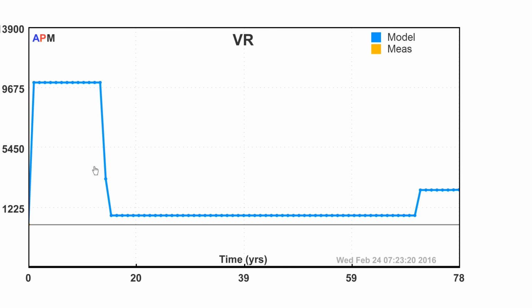And then the clinic said, well, now we can go down to just 630. And then right at the end, we needed to go back up to 2,400 vaccines per two-week period.